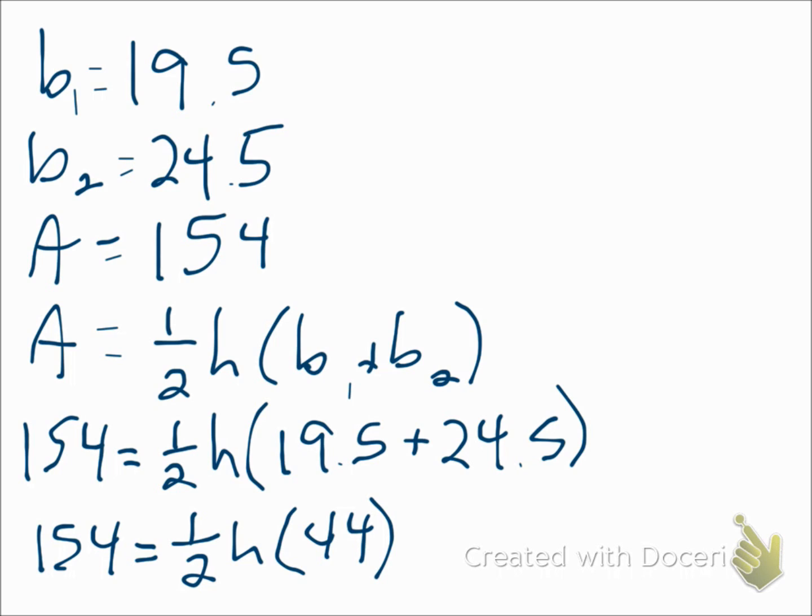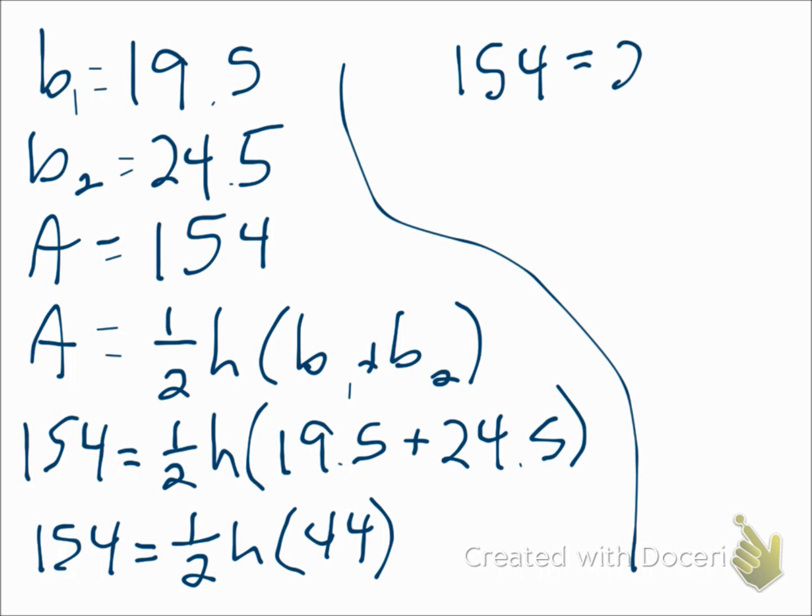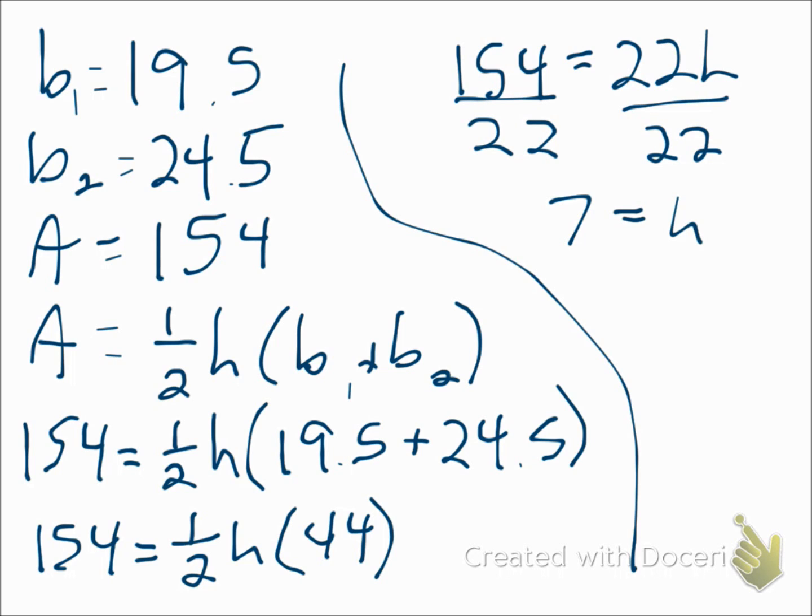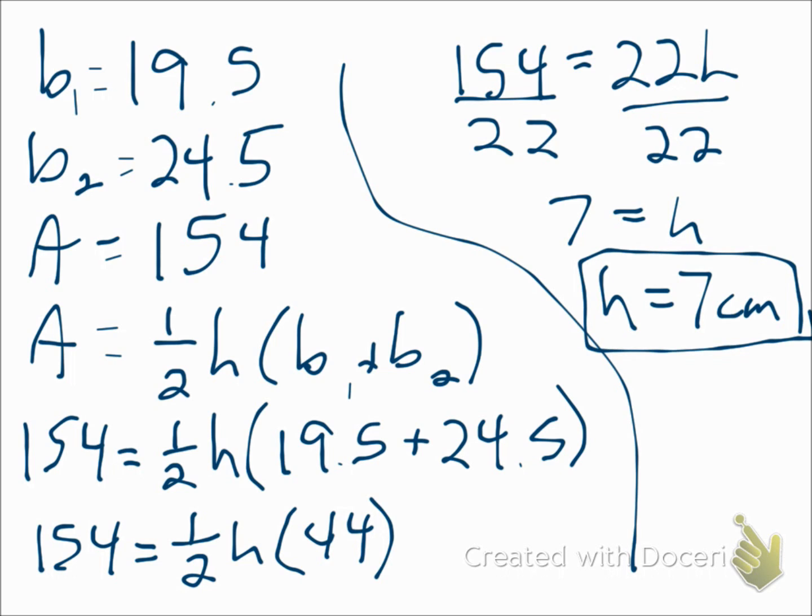On the right, multiply half by 44, and you get 22h on the right side. Divide both sides by 22, and h is 7. So the height is 7 centimeters. Remember to substitute in the values that you know, solve for what you don't.